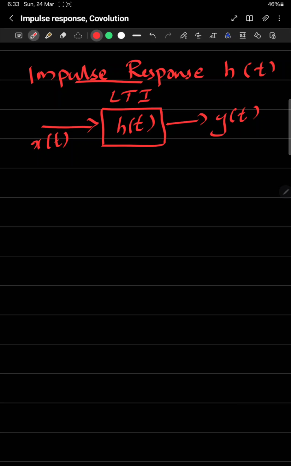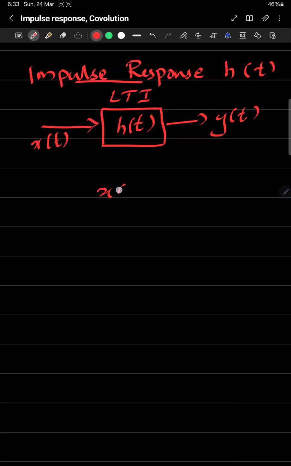Another use of impulse response is that using an operator called convolution, you can find the output. I will explain the convolution operator here, and we will continue discussing a little bit about impulse response, but focus mainly on convolution. Convolution is a mathematical operator that relates input and output of a system.